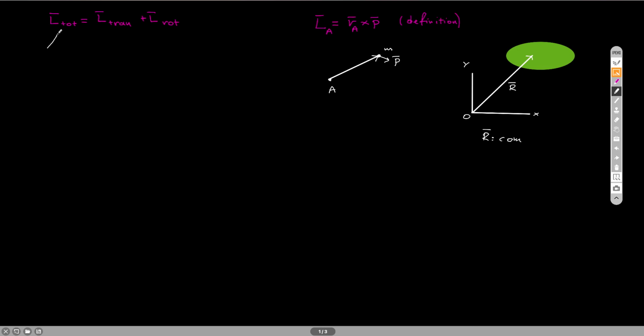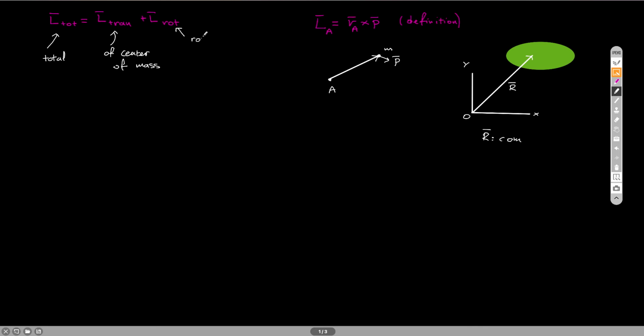So this is the total angular momentum. This can be written as two terms: the angular momentum of the center of mass, that we call the L translational, the translational angular momentum, and another term that we call the spin or the rotational angular momentum.